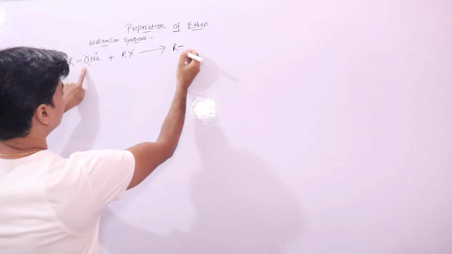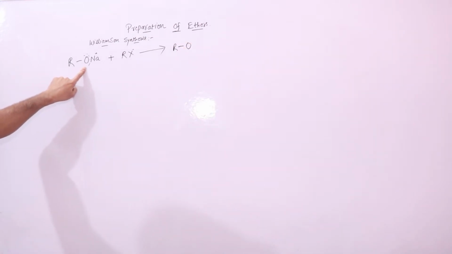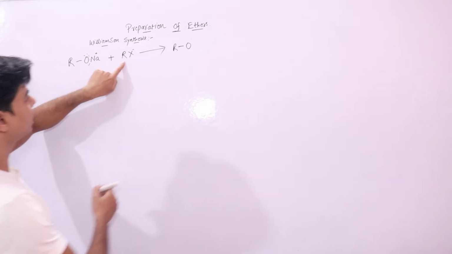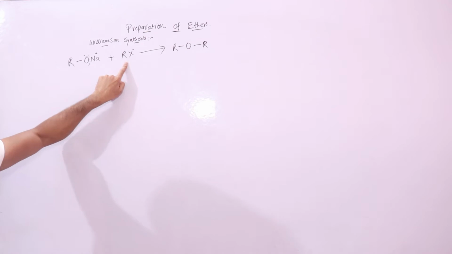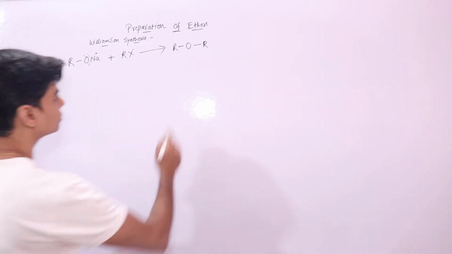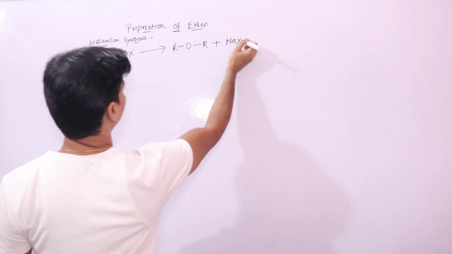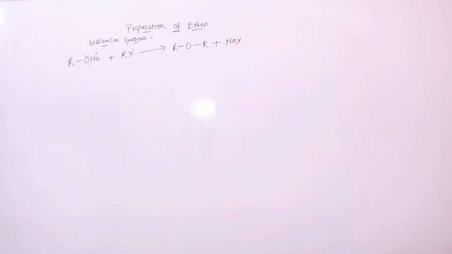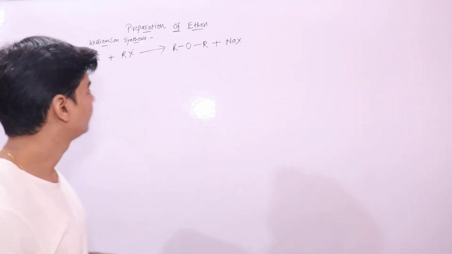We need RO. This RO would be coming from sodium alkoxide, and the other alkyl group of the ether would be coming from the alkyl halide, plus NaX. This is your Williamson synthesis for the preparation of ethers.